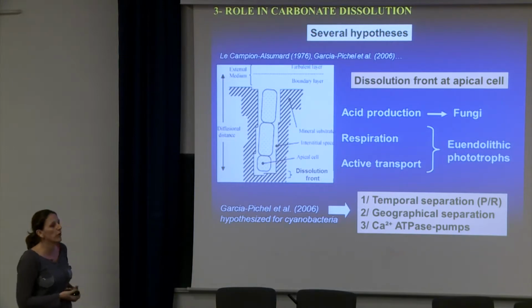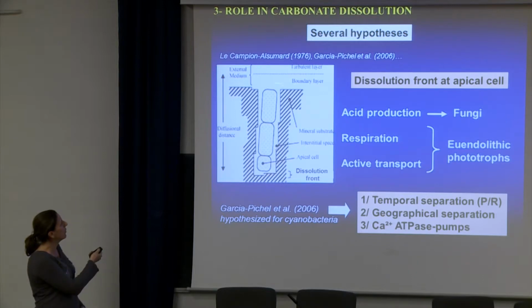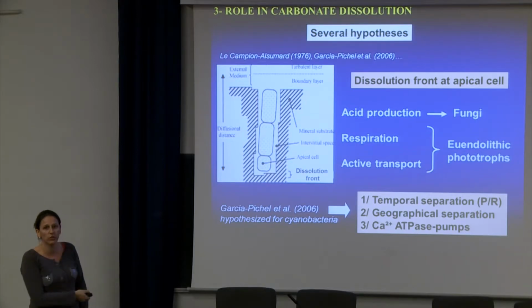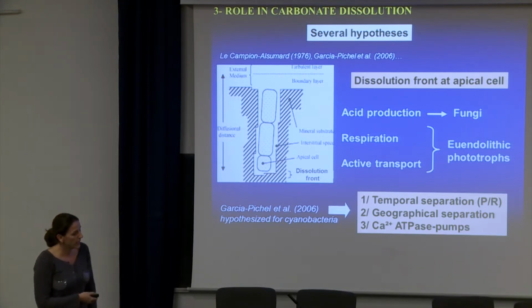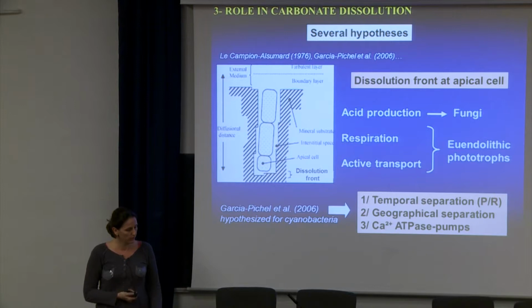Or there is a geographical separation by day: photosynthesis might be going on near the surface of the substrate, and the apical cell would be breathing and creating the condition for carbonate dissolution. And then he suggested the presence of calcium pumps, which need ATP energy to be functional.